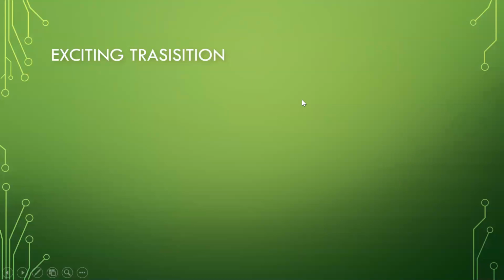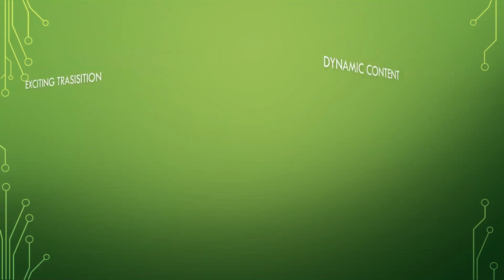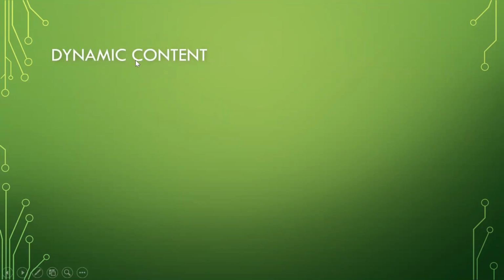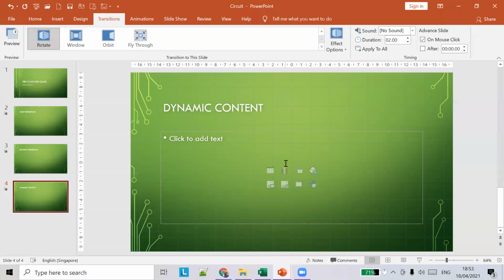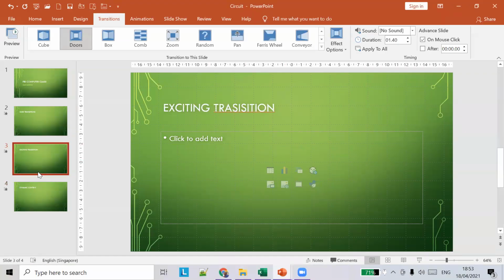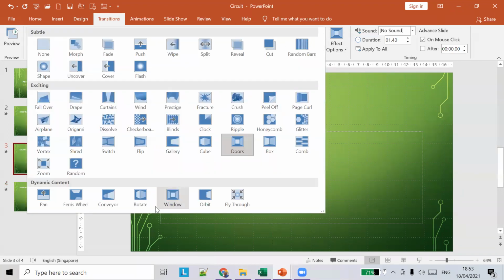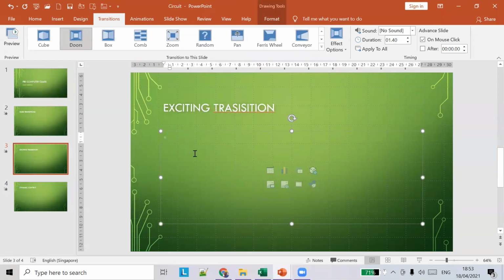You can just see the content or the layouts only. There were two elements in that layout, and you can see only the layout gets applied to the transition. So that's the difference, the specialty about dynamic content. That's how the transition effect applies to the elements. It doesn't apply to the whole slide, just to the transition elements.